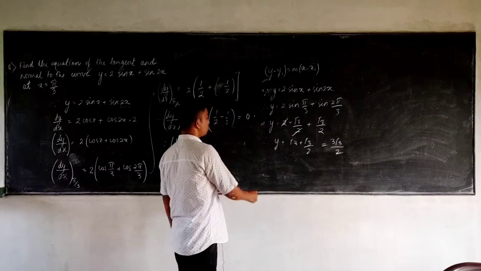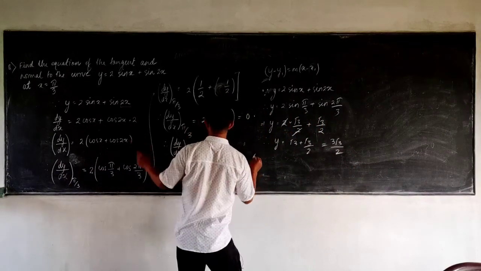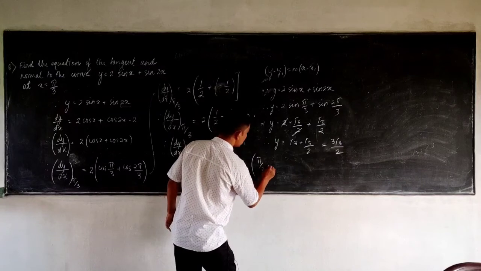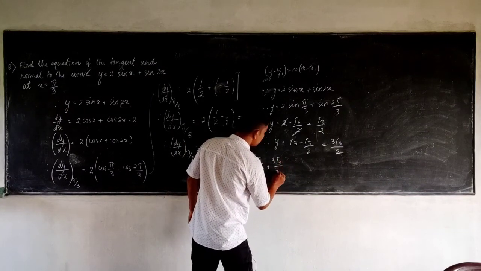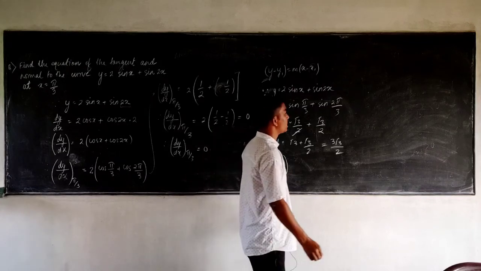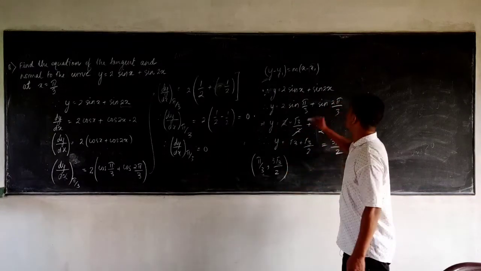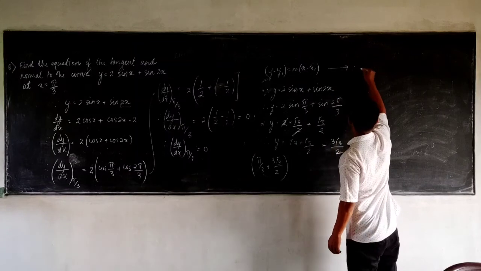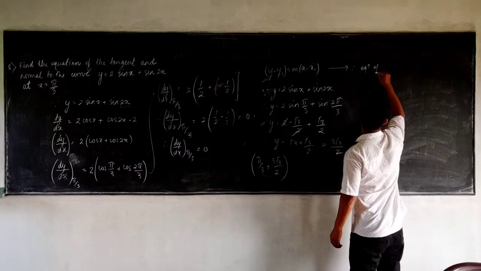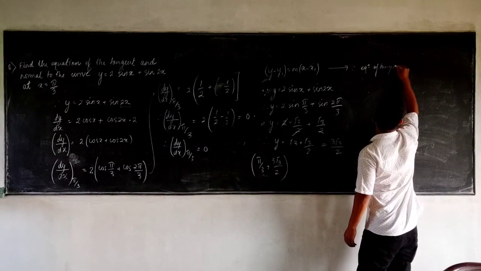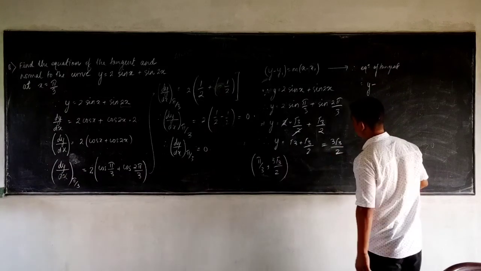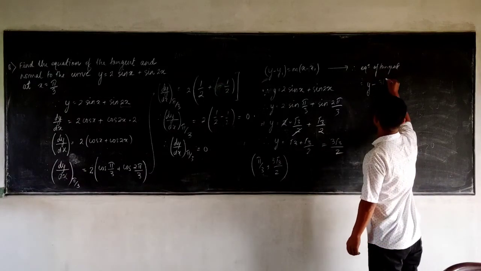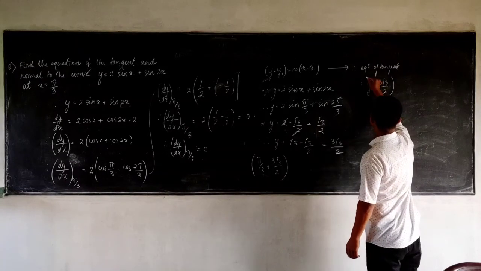Okay, so therefore I have both the values. So x1 I can write as pi by 3 and y1 is 3 root 3 divided by 2. Finally I can write the equation of the tangent from this formula. The equation of tangent will be y minus y1. What is the value of y1? It is 3 root 3 divided by 2.